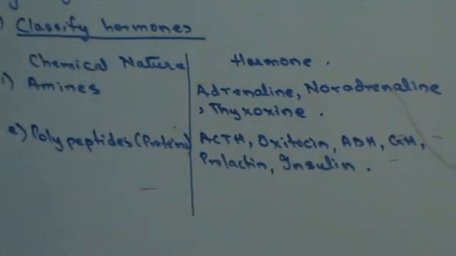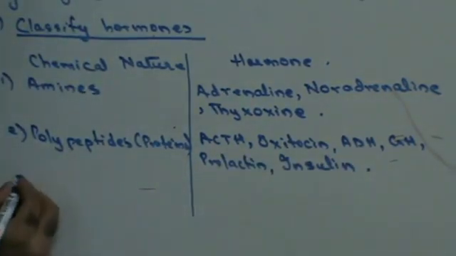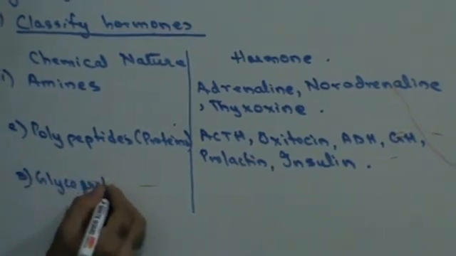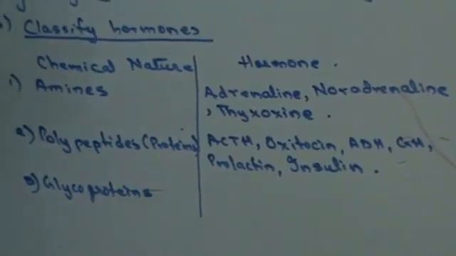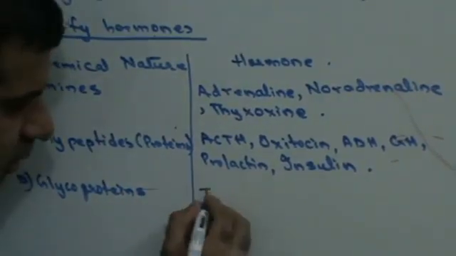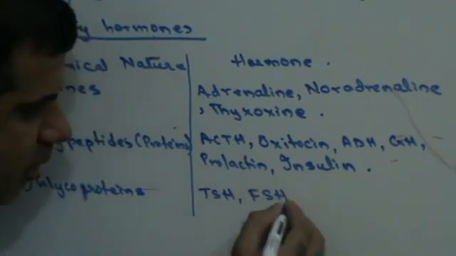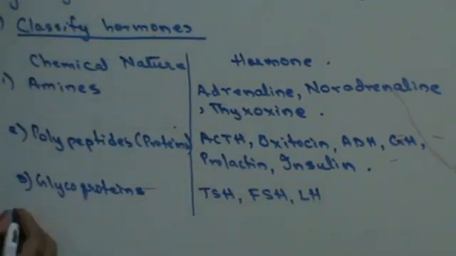These are hormones that contain polypeptide. Third, glycoproteins. Hormones that contain glycoproteins are TSH, FSH, LH, etc.